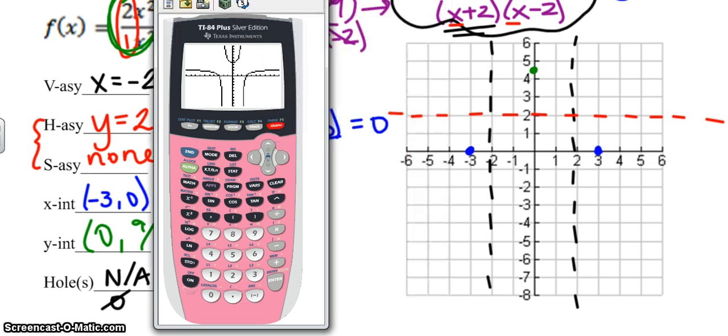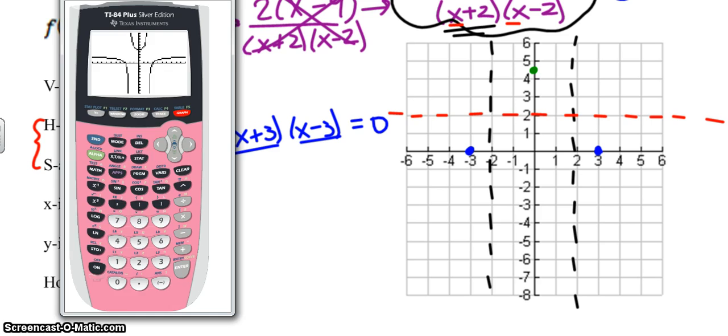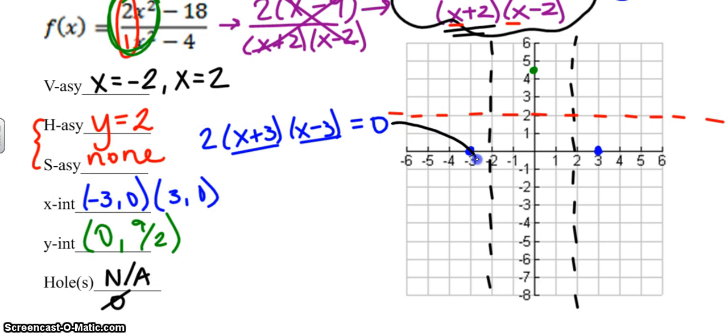And we can sketch in our function. So this piece right here, running along our asymptotes, this piece up here, running along our asymptotes, and this piece down here.